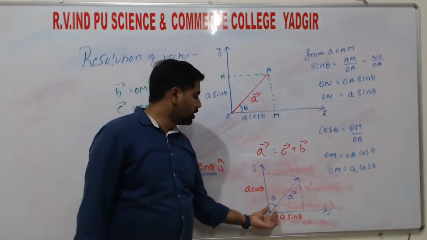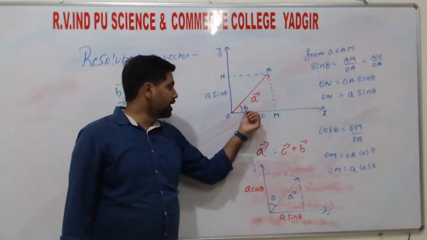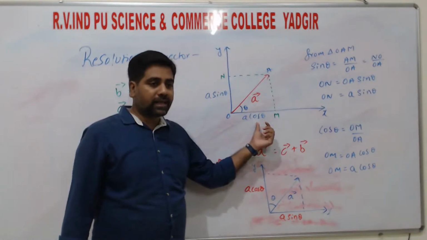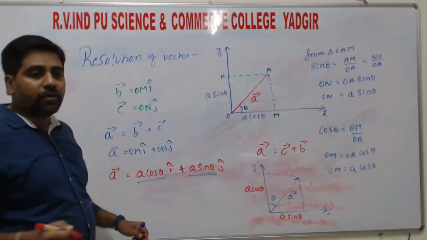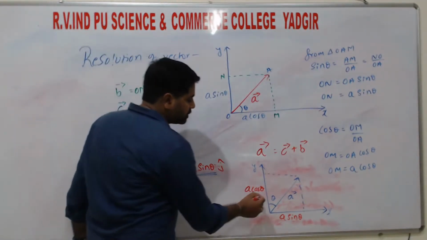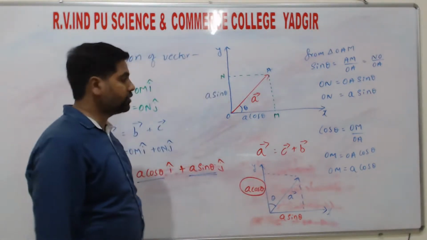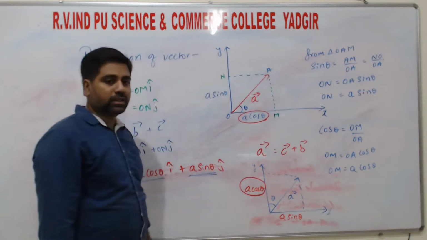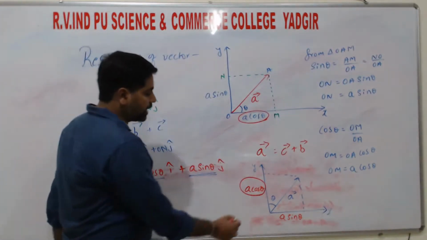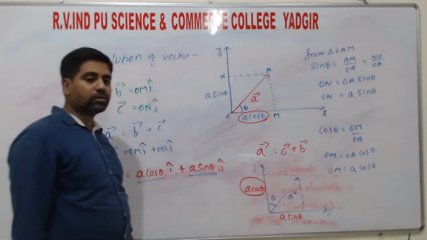Here theta is inclined with the y-axis, and here theta is inclined with the x-axis. So wherever the angle theta is inclined with that axis, the value is always A cos theta. Here theta is inclined with the x-axis, hence we get A cos theta along the x-axis. Here theta is inclined with the y-axis, so along the y-axis we get A cos theta.